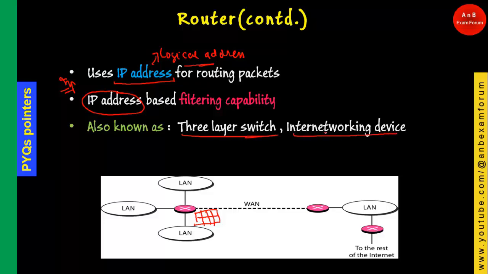Internetworking device means it is going to connect two different networks. That's why it is called internetworking device. Whereas it works at the 3rd layer, so it is known as 3-layer switch.